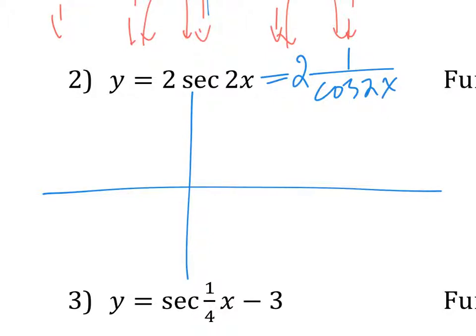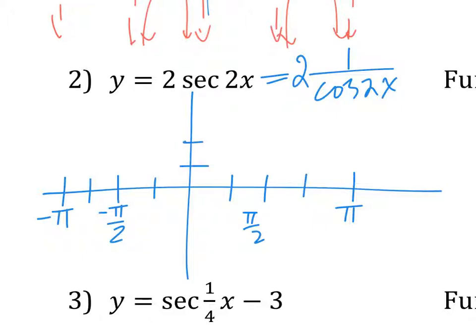Cosine 2x has a period of what? Pi, good. All right, and then when I draw my cosine graph, I'm going to keep it with an amplitude of 2. And then my cosine graph starts on the top, and it goes down, down, up, up.